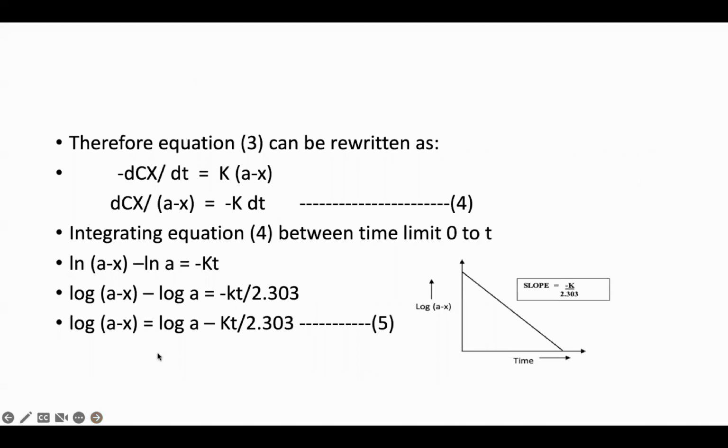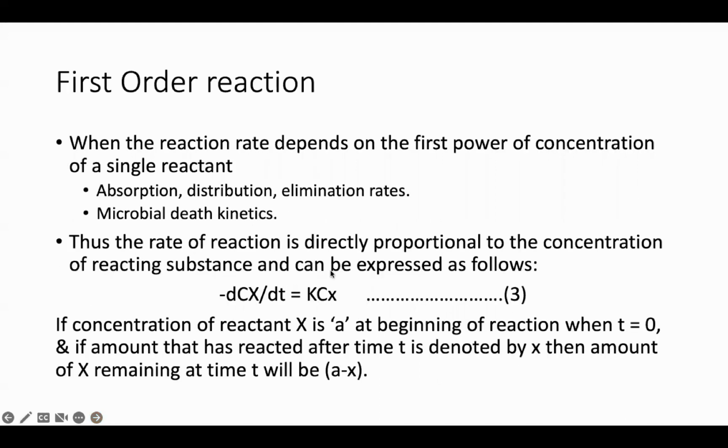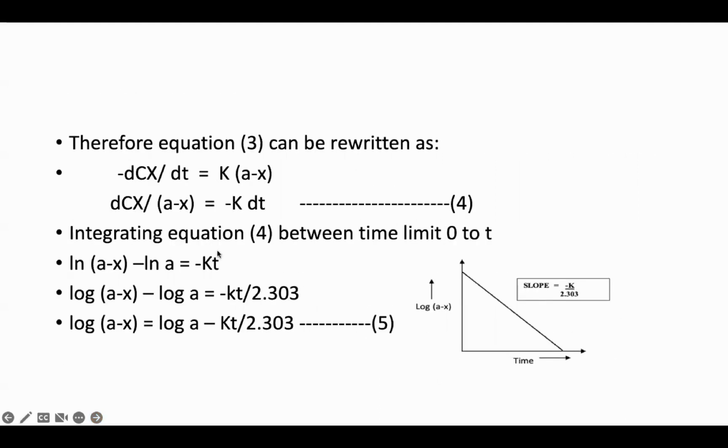Now, we can rewrite this equation as the change of concentration over time equal to constant K times A minus X, which is the concentration as it varies over time, right?